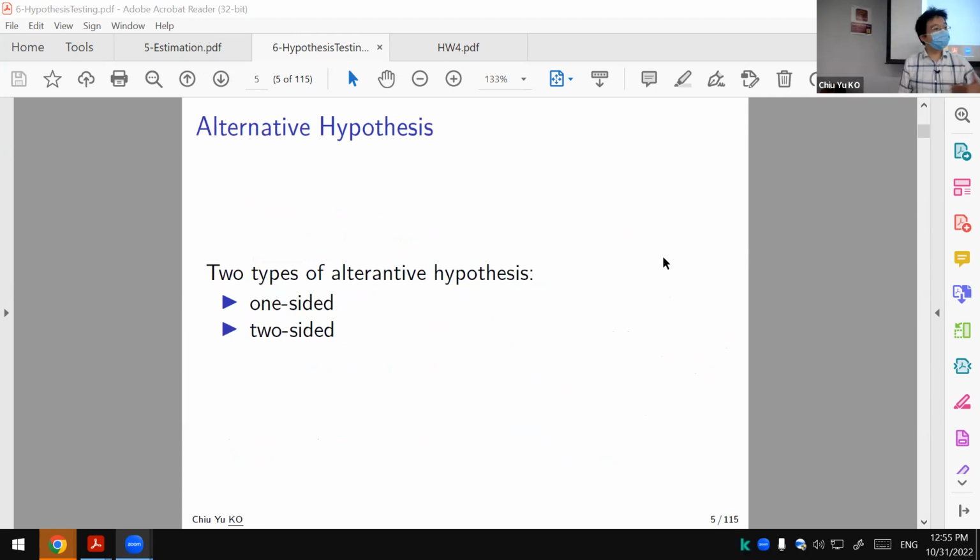The next thing is about one-sided and two-sided. We hinted at it already. One-sided means, say, mu less than 3 or mu bigger than 3. It means you consider only one direction as evidence that goes against your null. You probably ask when to use which.